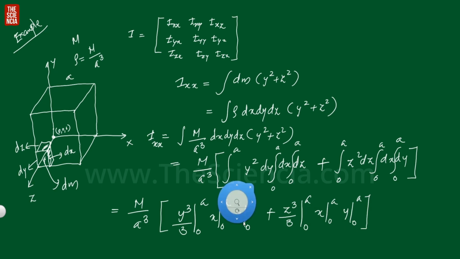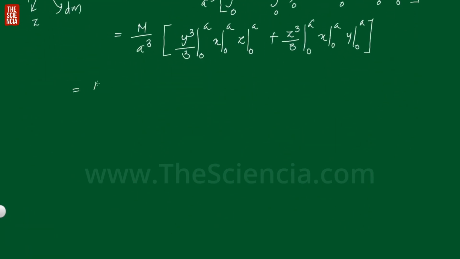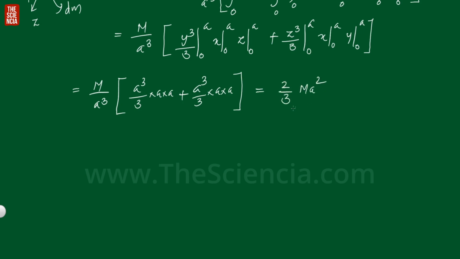So what we get is m by a cube into a cube by 3 into a, plus a cube by 3 into a. This is equal to 2 by 3 m a square. So we got the Ixx value.